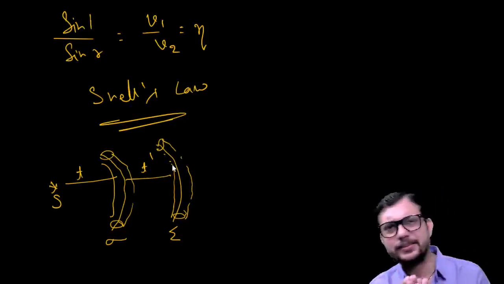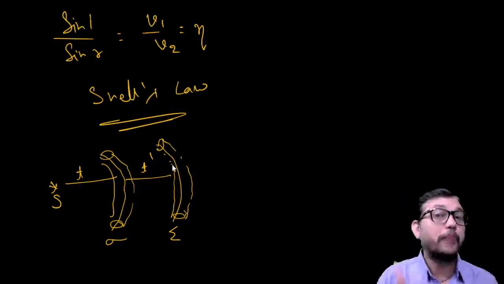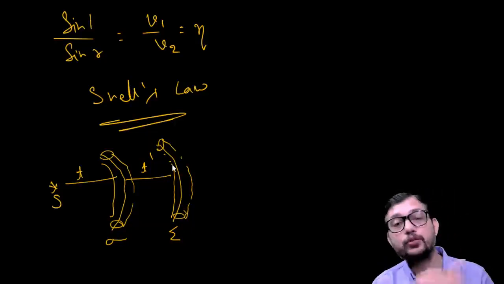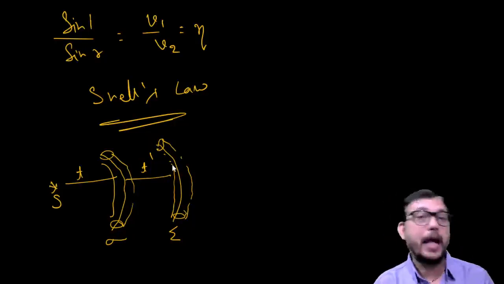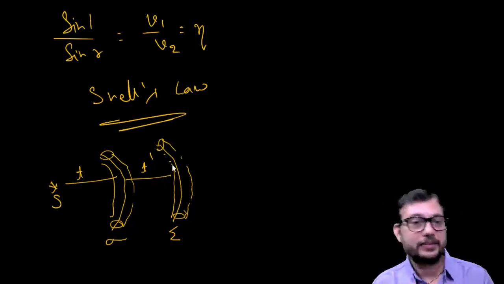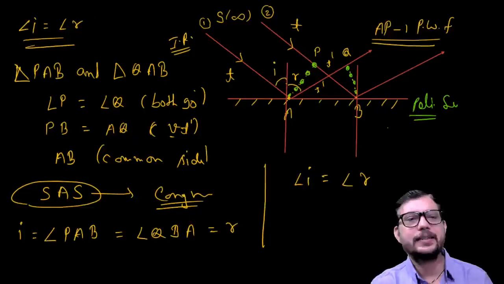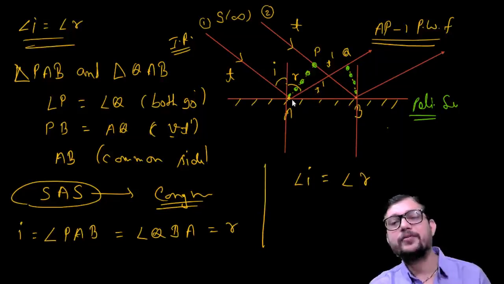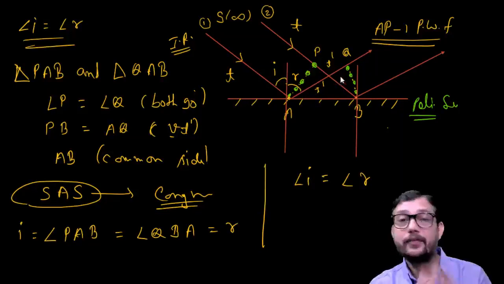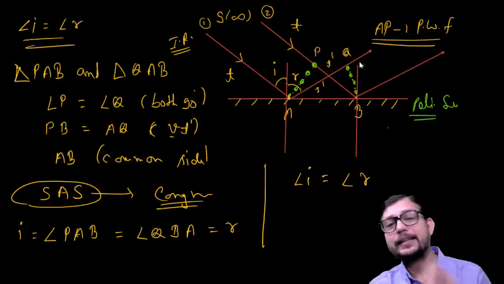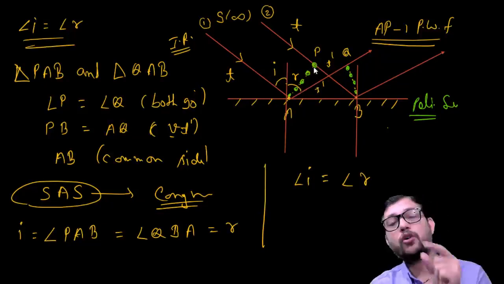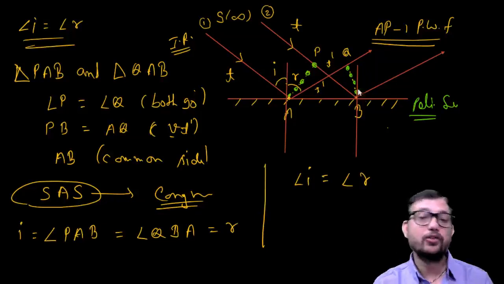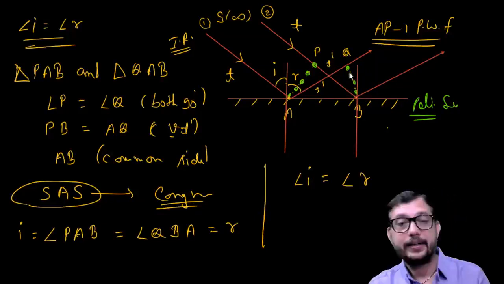This depends upon your mindset, how you consider the surfaces and in which direction you choose the wavefronts. In this case, when we talk about reflection, we have considered the wavefronts which are in the same medium, one on the incident ray and the second on the reflected ray.